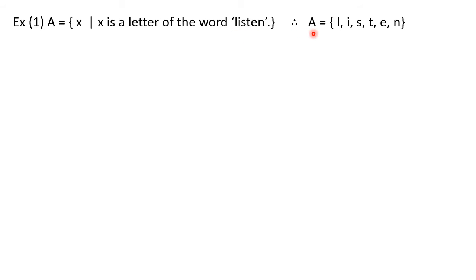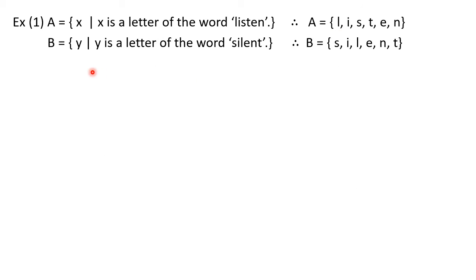So set A we can write in the curly brackets as L, I, S, T, E and N. Okay. So no letter is repeated here. We are writing all the letters. You know that in a set we can write down the element only once. Repetition is not allowed. Now the second set here, B, is the set of all y such that y is a letter in the word silent. Okay, so when we write set B, we get the elements S, I, L, E, N and T.